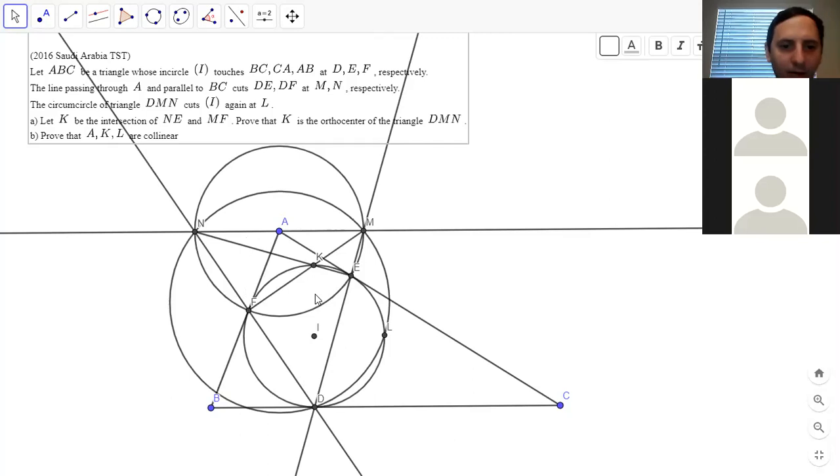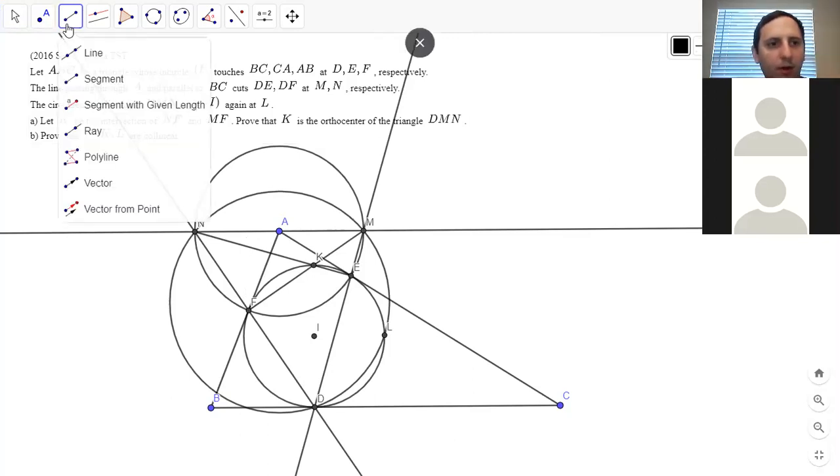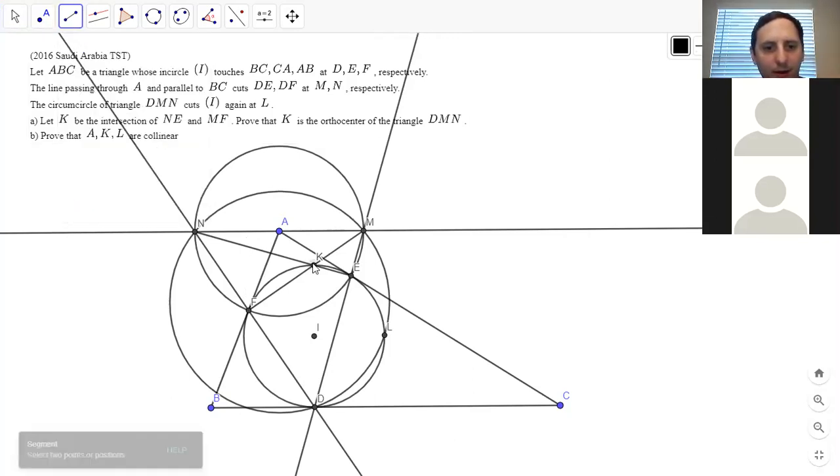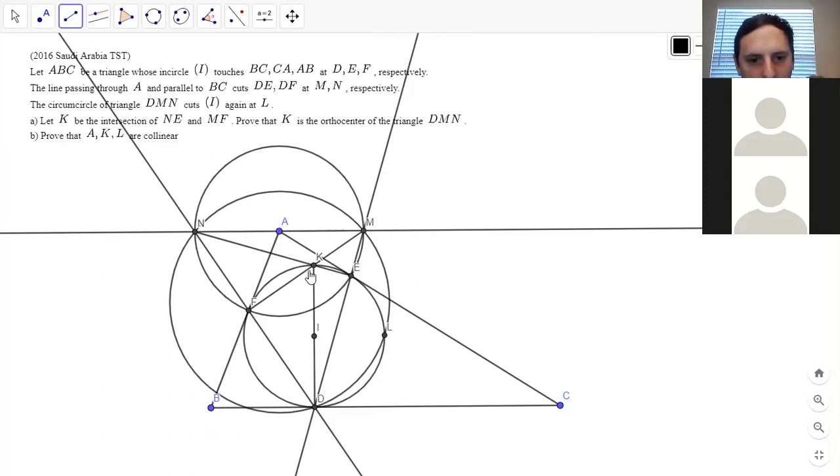And then A, K, and L are collinear. Well, we know that D, I, and K are collinear, right? Because DEK is 90 degrees. And let's see. If we can show angle ALD is 90 degrees, that would solve it.